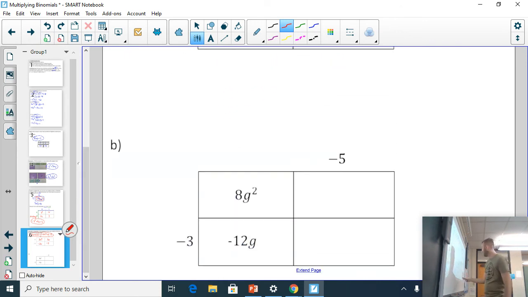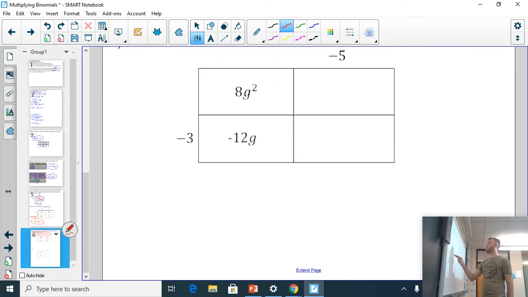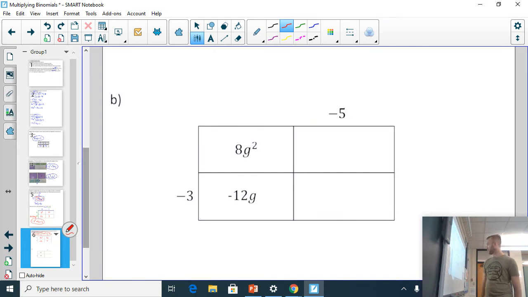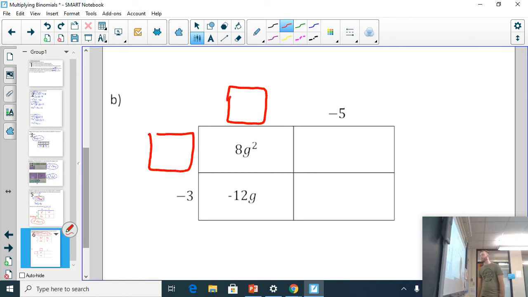Now for this one, we have to find some missing parts, right? We have to find what goes here and what goes here, and then also what goes in the two boxes. How would we find something that goes there? Well, we know that whatever goes here times negative 3 is negative 12g.